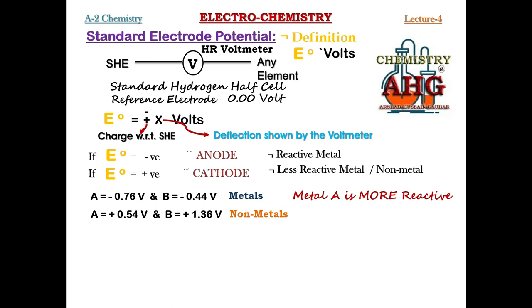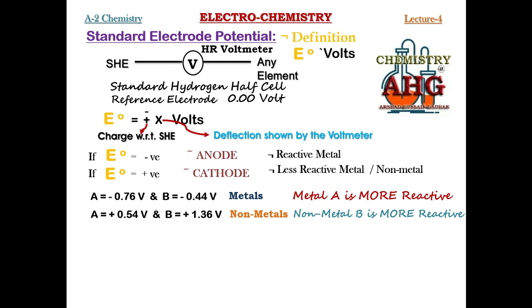And which one of these two non-metals would be more reactive? The one that has produced more voltage. Which non-metal has produced more voltage in this case? The non-metal B. So non-metal B is more reactive because you can say it has produced 1.36 volt during this process.